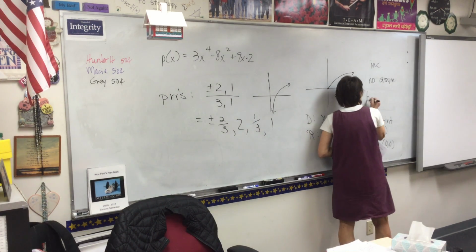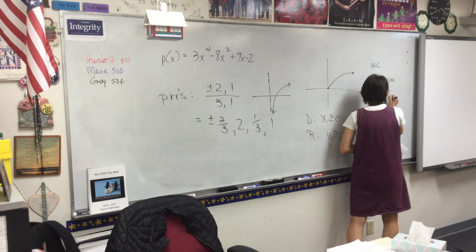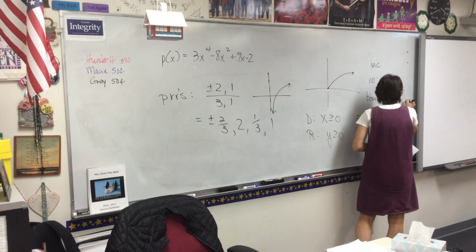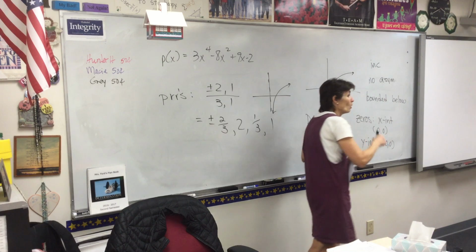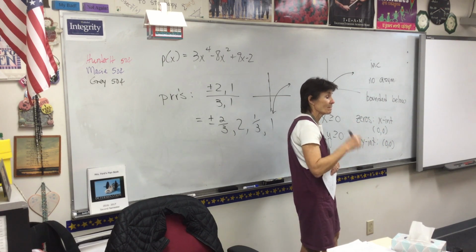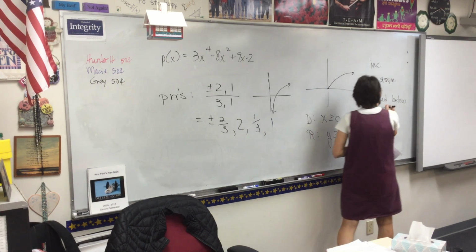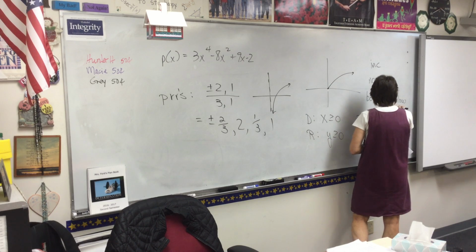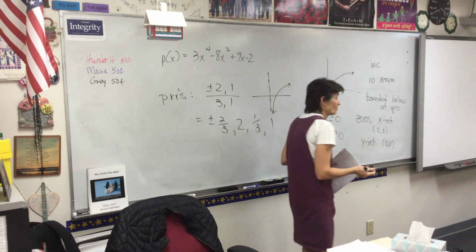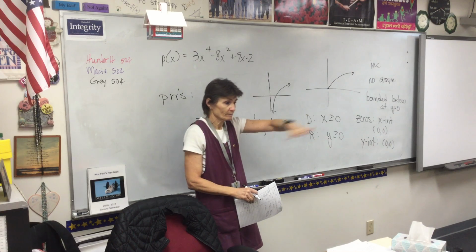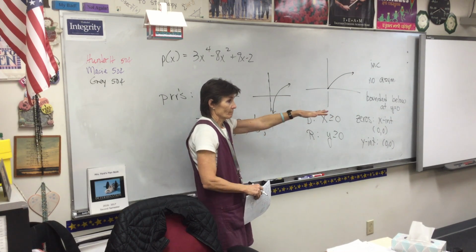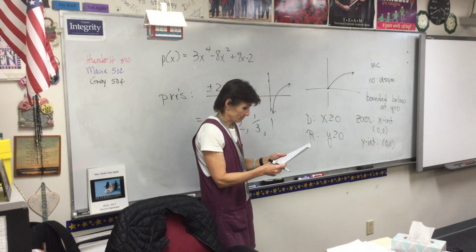So we would say it's bounded below. Your choices are bounded below or bounded above, right? This one's bounded below, and it's bounded below at y equals 0. That's as low as it goes. That's its floor. Doesn't go below that.